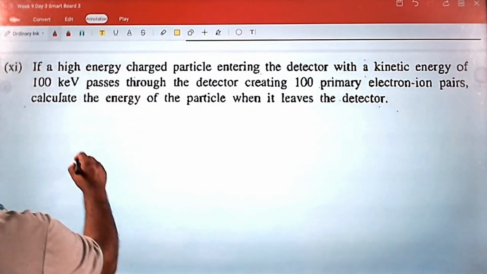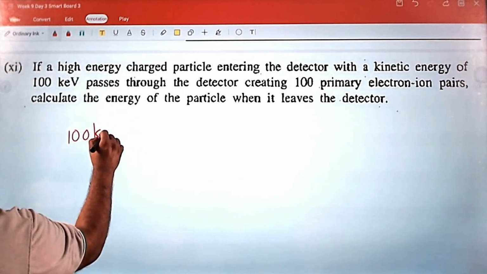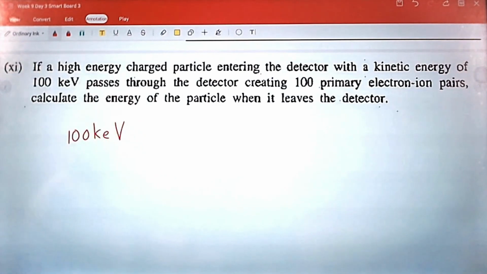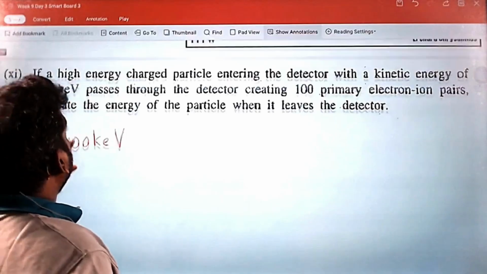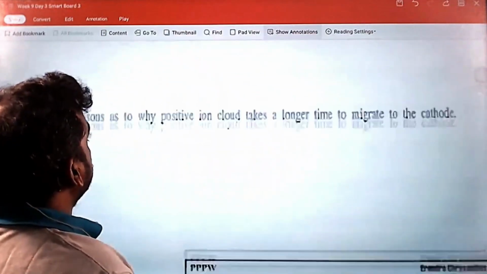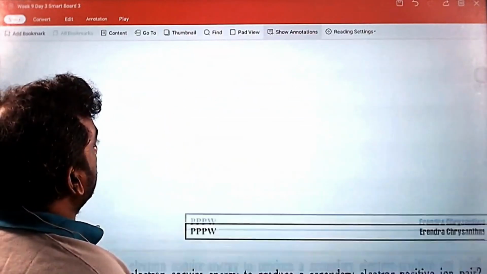So it enters with 100 keV, creating 100 primary electron pairs. I think they have given you a percentage value for the loss. In the question itself they are given.